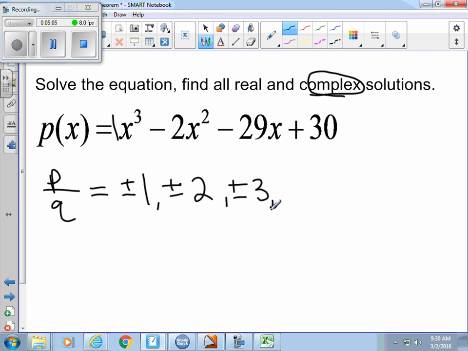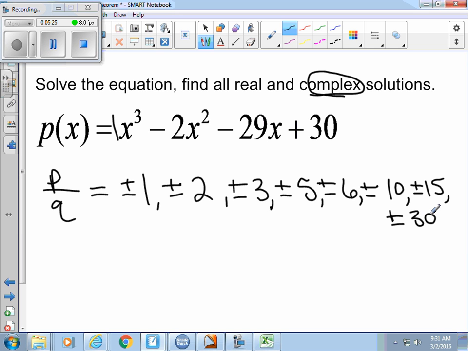Which is a pretty long list of itself. 10, 15, and 30. So I'm going to take that list and I'm going to check those in my calculator.